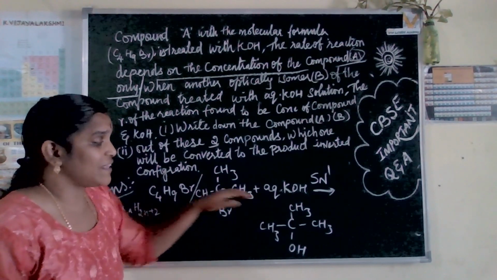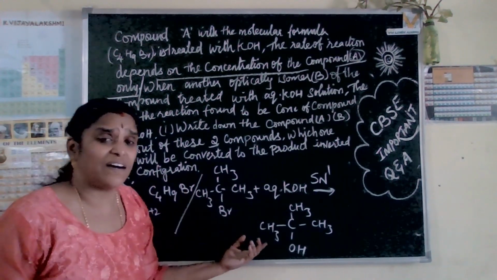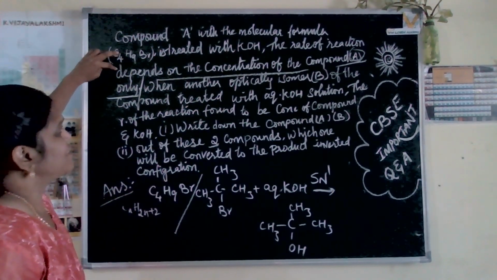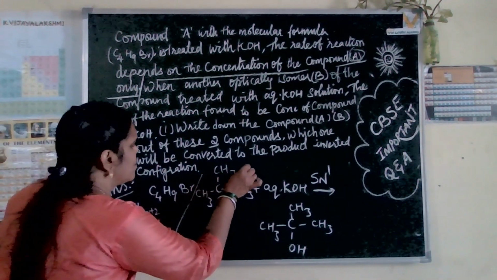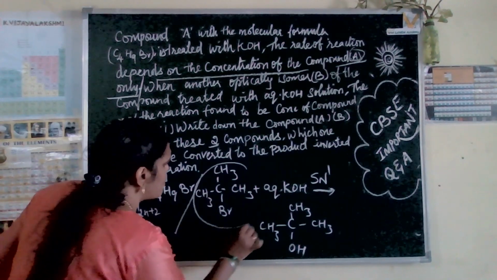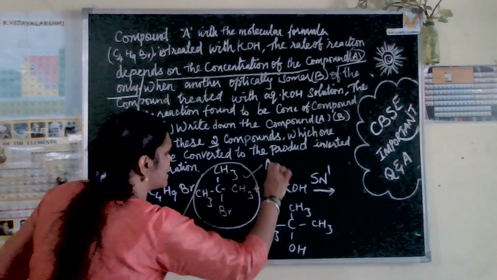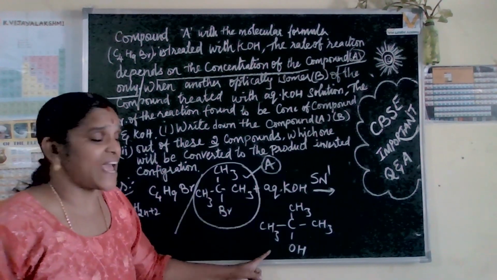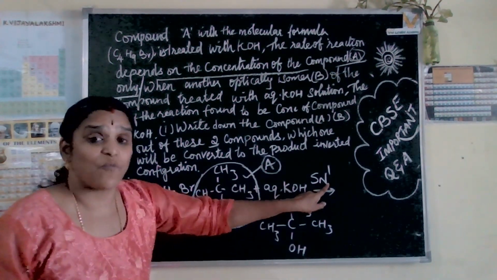Okay, now I think you have learnt this SN1 mechanism thoroughly. Why am I bringing it up here? The rate of the reaction depends only on the concentration of compound A. So this is compound A. Got it? So this comes under which reaction? The SN1 mechanism.